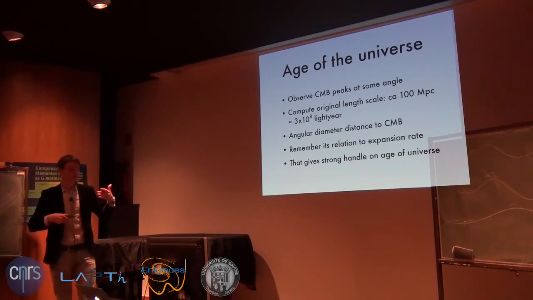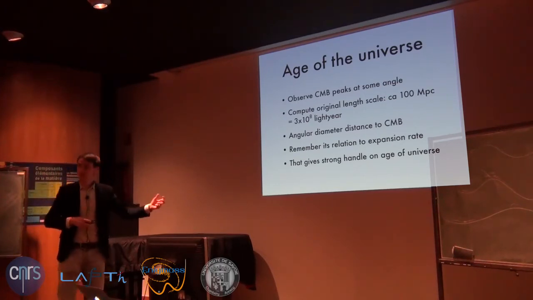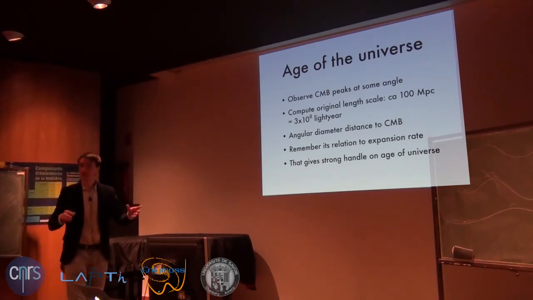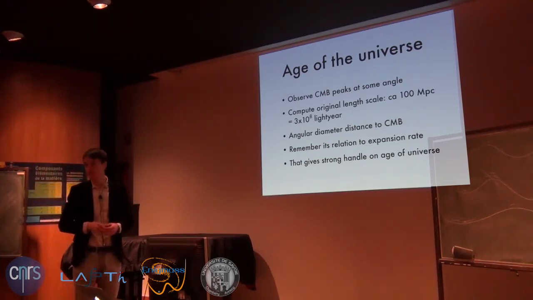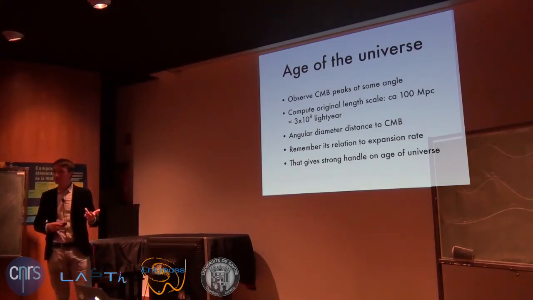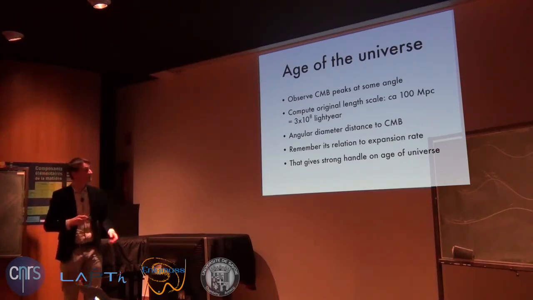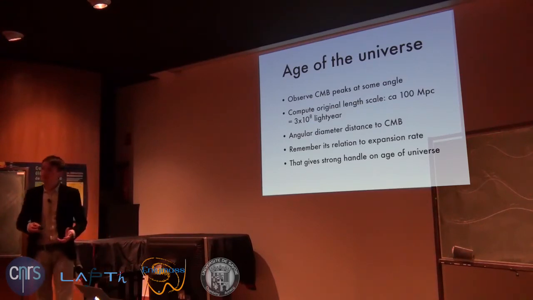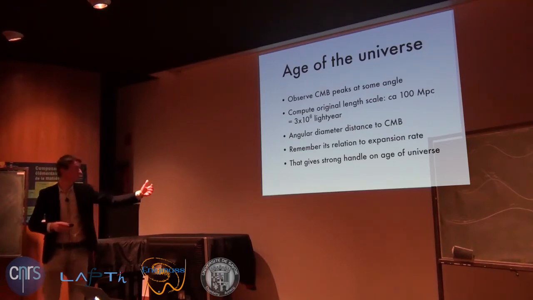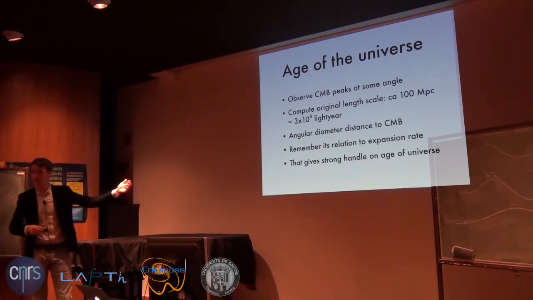If you start with a hot Big Bang, so the initial situation, and you wait for 300,000 years, then you cool down sufficiently much to the temperature where the photons decouple. Clearly, any piece of information can have traveled at most 300,000 light years. And that is why the first peak of the CMB is at a length scale that is roughly 300,000 light years separated.